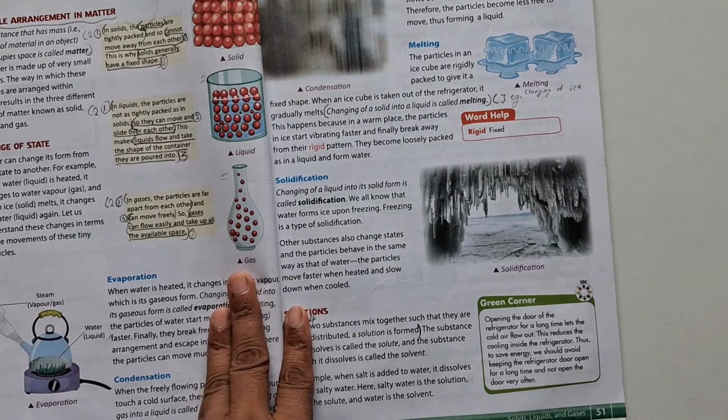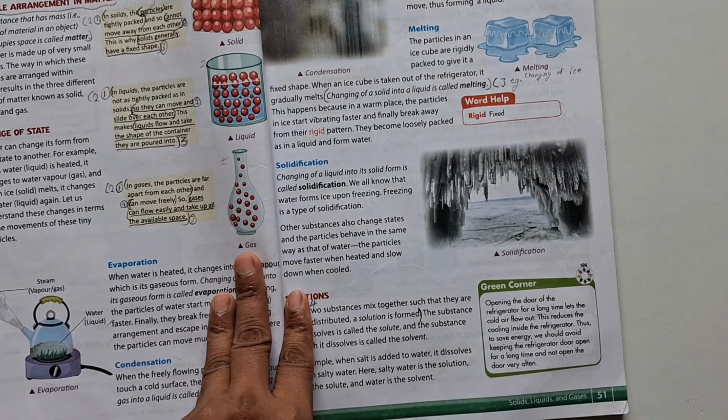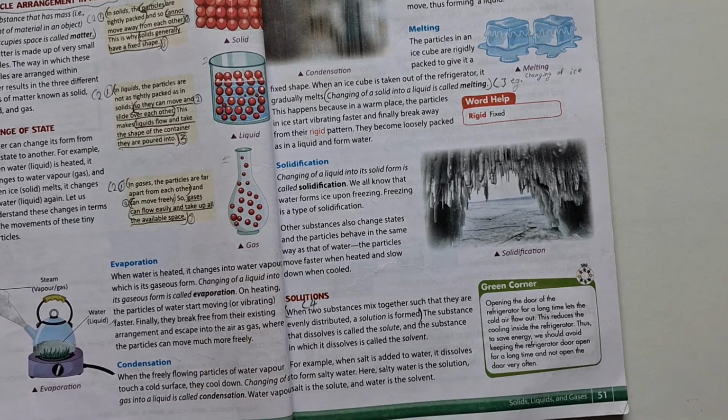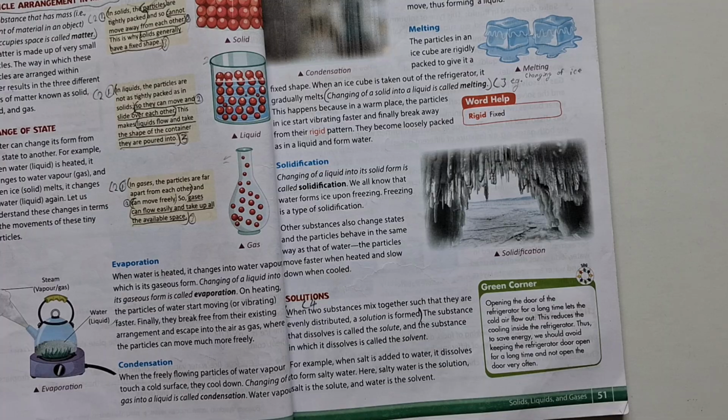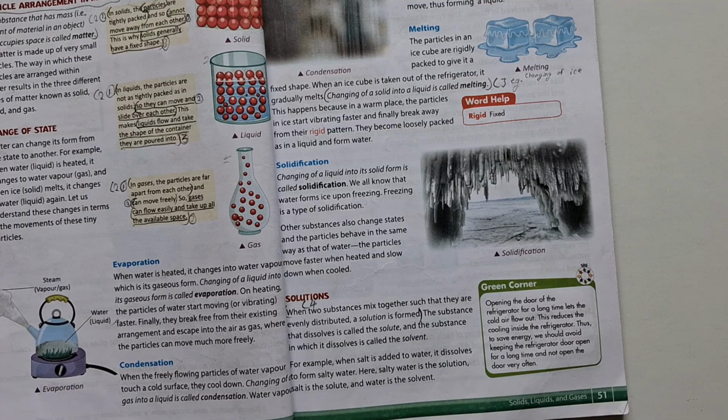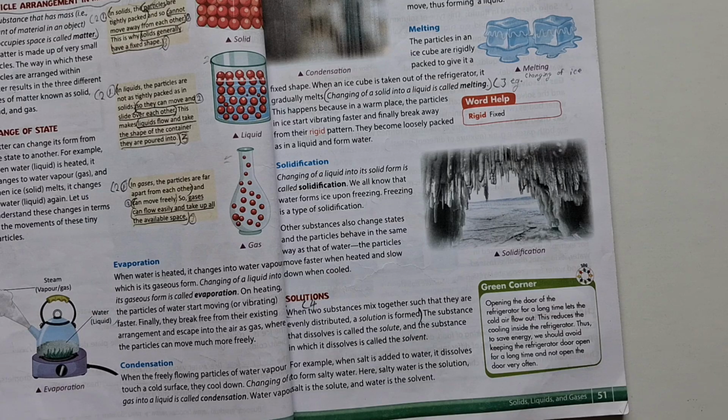Changing of a solid into a liquid is called melting. What is melting? Your answer is here. This happens because in a warm place, the particles in ice start vibrating faster and finally break away from their rigid pattern. They become loosely packed as a liquid and form water.